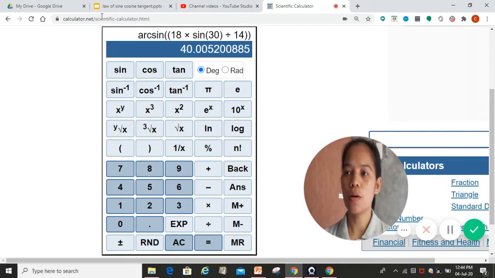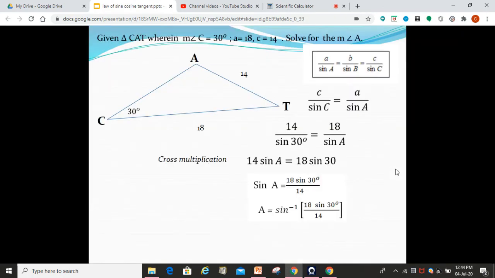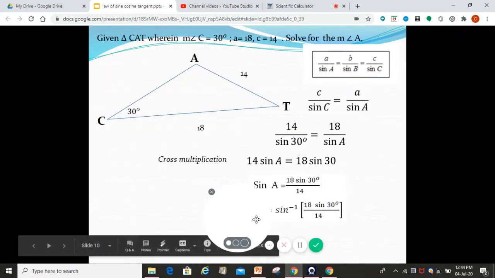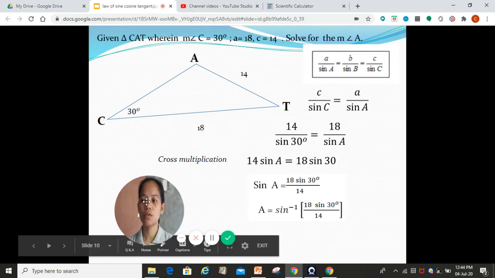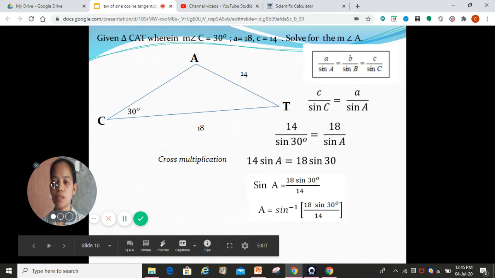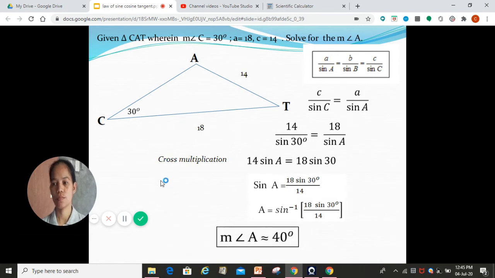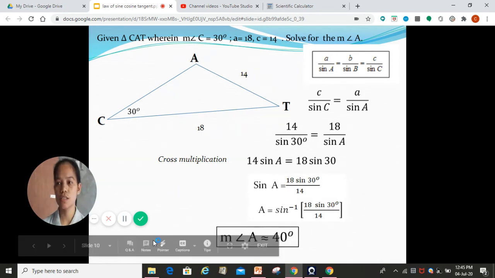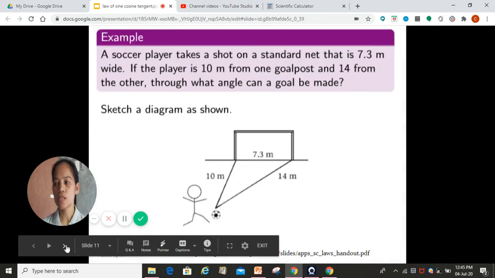So approximately the measurement of our angle A, okay, we can say, is approximately 40 degrees. Okay, 40 degrees. Now, let's have another example.